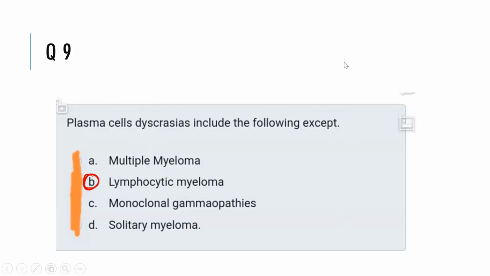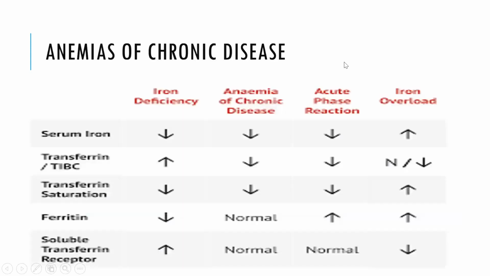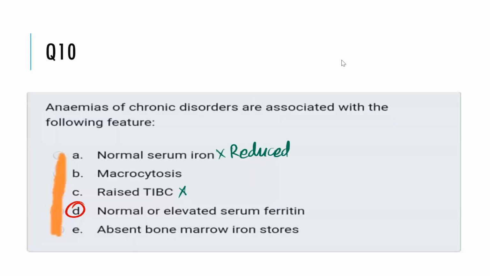For the next question, question 10, anemias of chronic disorders are associated with the following features. Remember that it's not that the body lacks iron, it's that the utilization of iron is a problem. So the serum iron is low, but the iron that is stored is actually high.